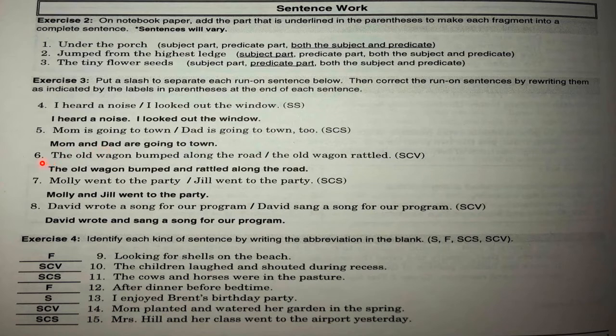Number 6. The old wagon bumped along the road. The old wagon rattled. Okay, so I'm going to put a slash between the two, and it's asking me to make it a simple sentence with a compound verb. So I'm going to put the old wagon right here because it's the same subject in both sentences.